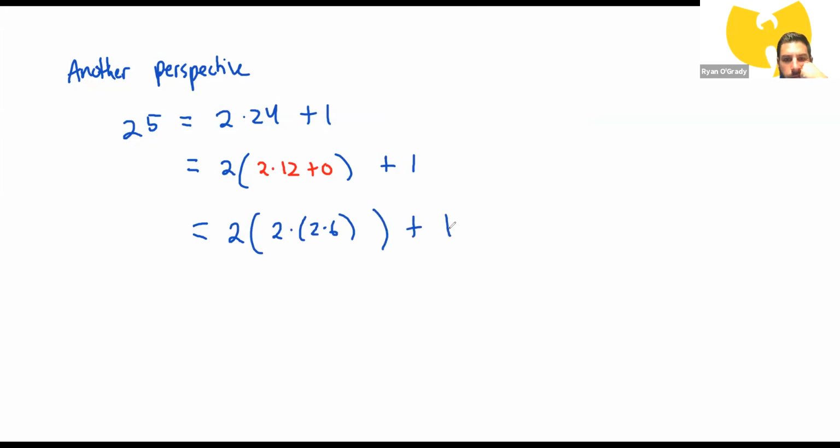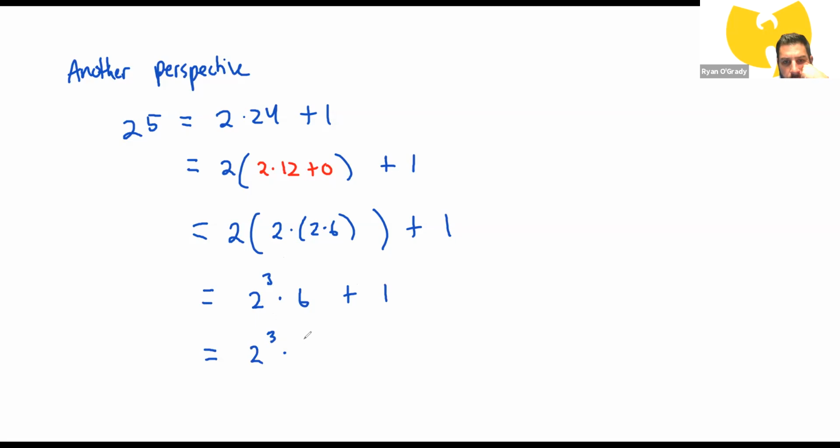And then what is 6? Well, maybe we clean this up for a second. This is 2 to the power 3 times 6, and then this is plus 1. And then now we replace 6. What's 6? Divide 6 by 2, excuse me.